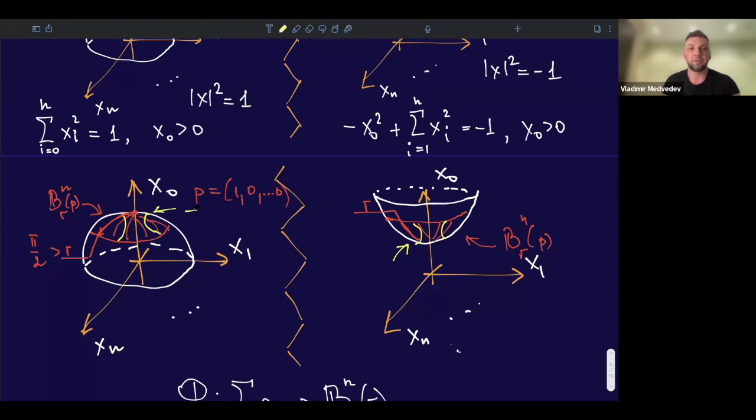So this is sigma, a free boundary minimal submanifold in this ball.